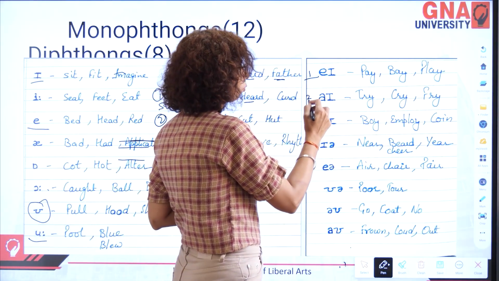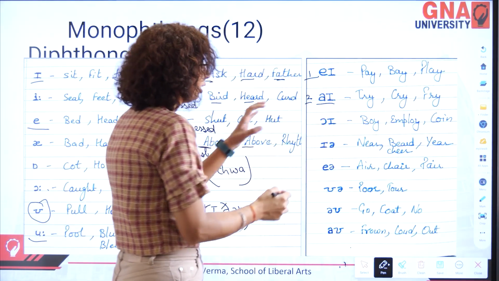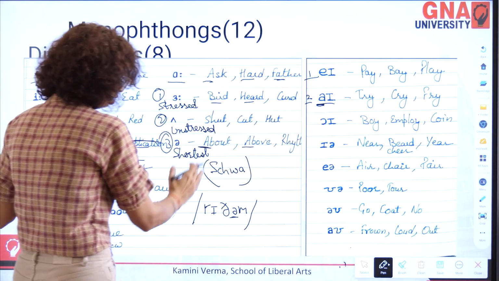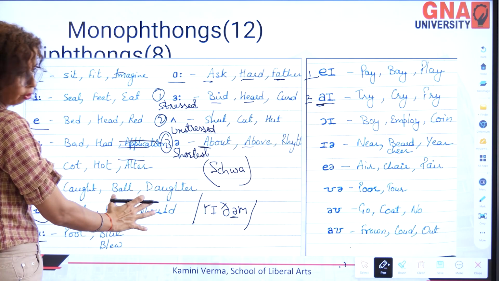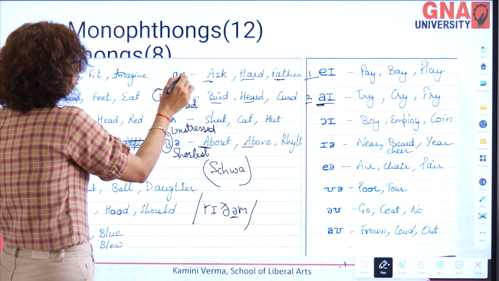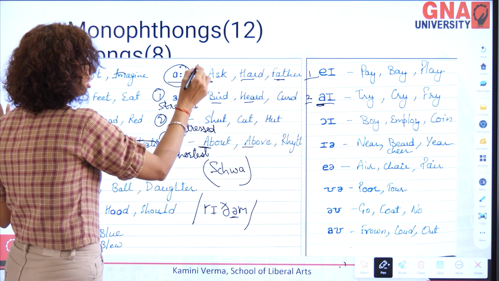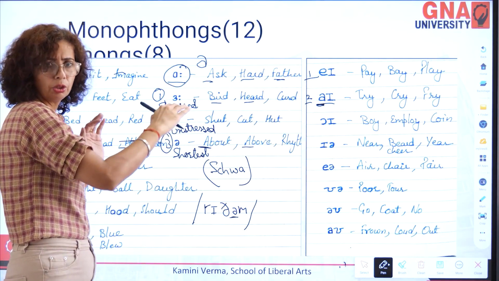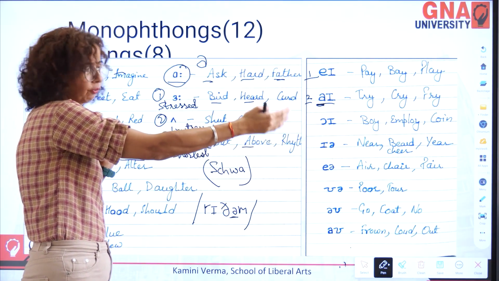Moving ahead with the second one, that is the I sound. We have never seen this kind of symbol in the monophthongs. This is the same R sound of our English, which takes a different shape when it is written in the form of diphthongs.